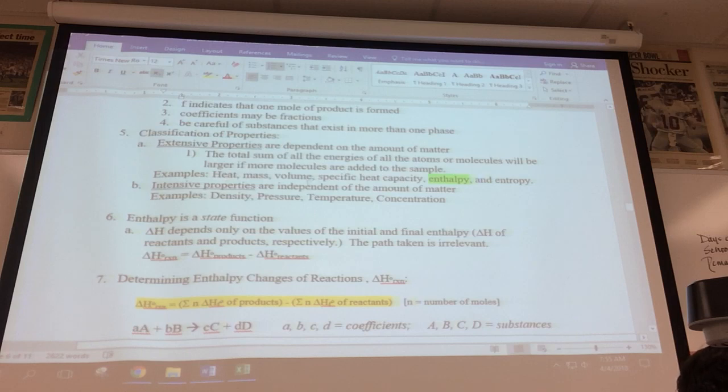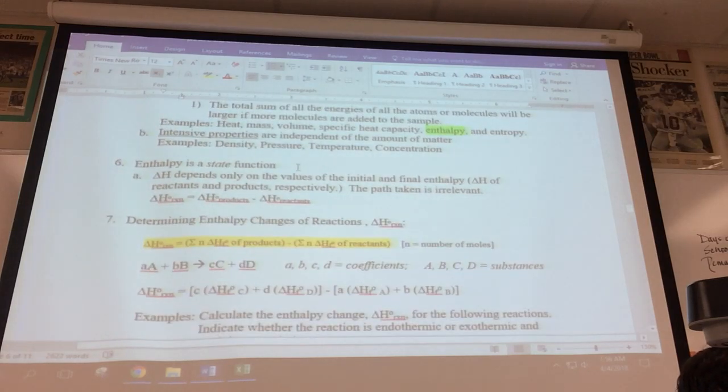Intensive properties do not. Enthalpy, like heat, mass, volume, specific heat capacity, and entropy, are extensive properties, so they do depend on how much substance you have, and that will become relevant in just a minute. I'll show you where in the formula.